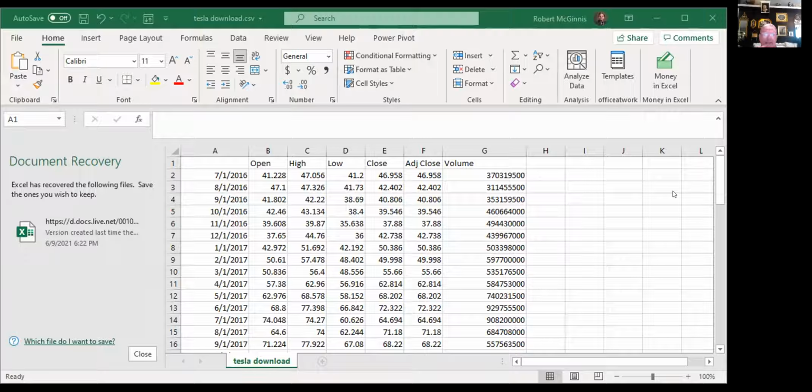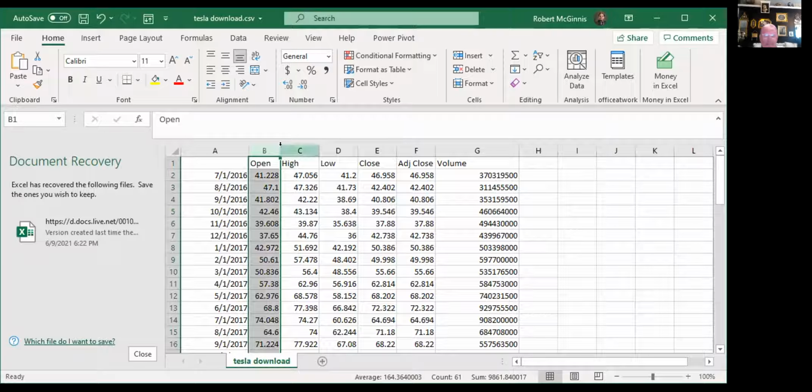You see that it's got more columns than we want. We only want the adjusted close, the last column. So you're simply going to delete those columns. If I can grab my bar.